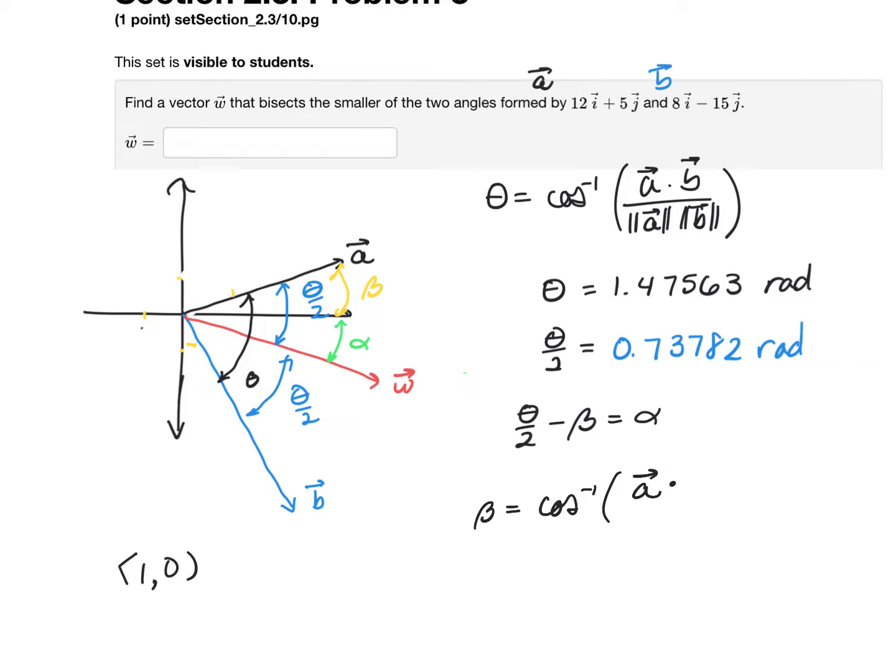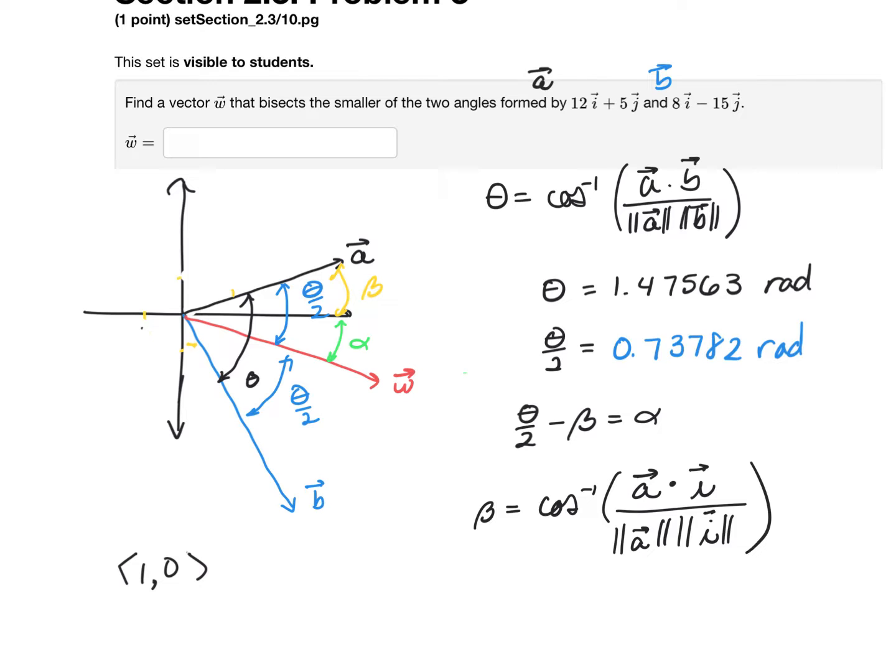So I'm going to use that vector, which is the positive x-axis, to do my cosine inverse. I'm going to just call this I, because I'm just going in the I direction, divided by the magnitude of A multiplied by the magnitude of I. Well, we like the magnitude of I because it's just 1, and that makes us really happy.